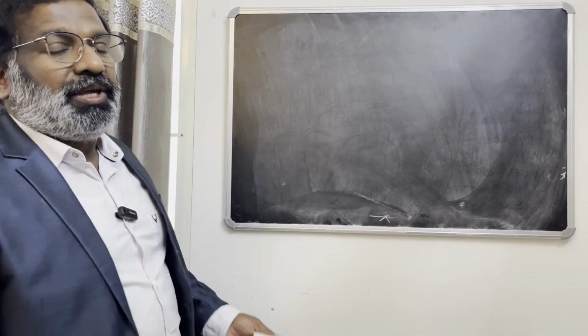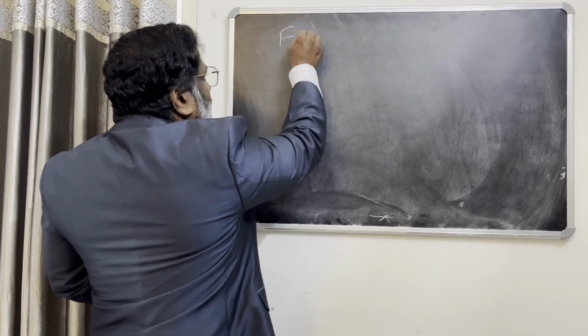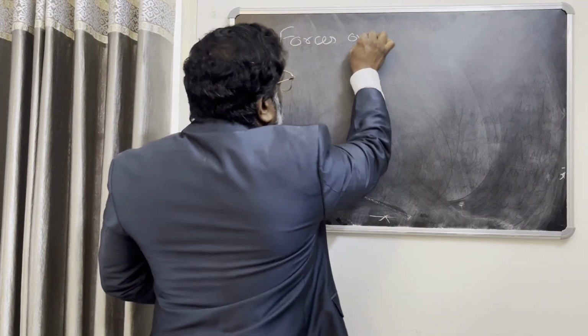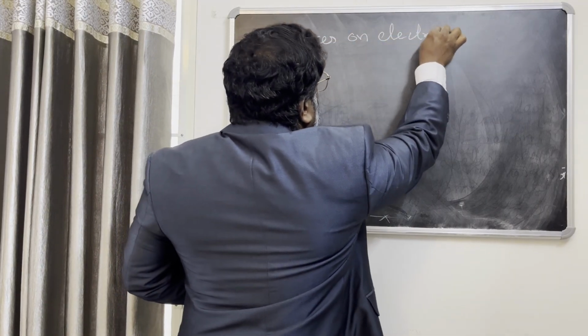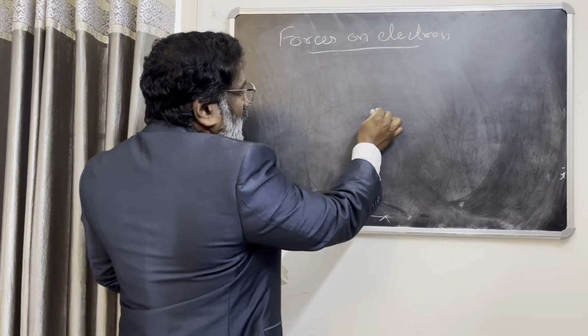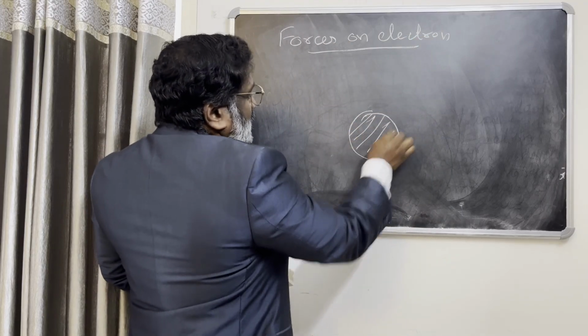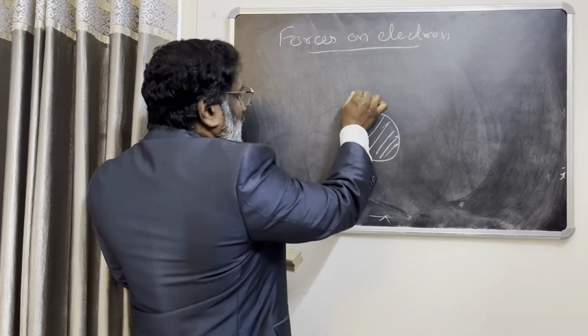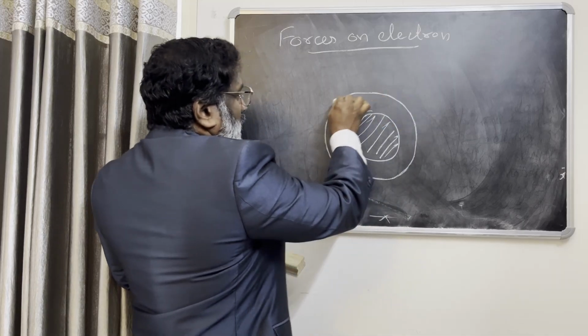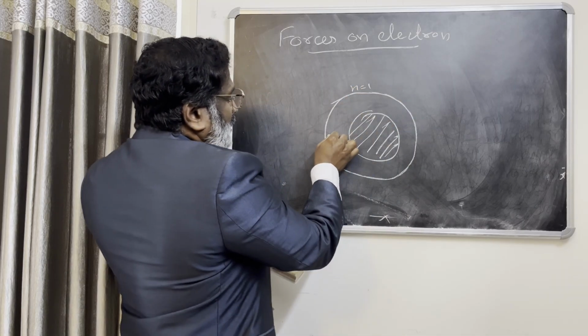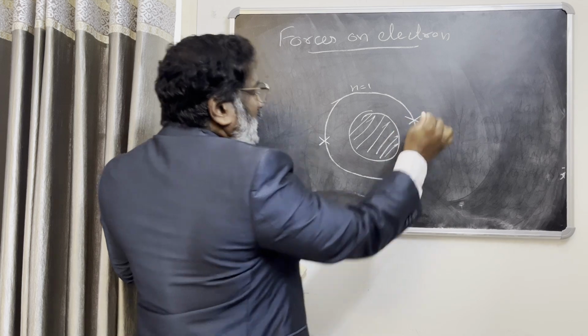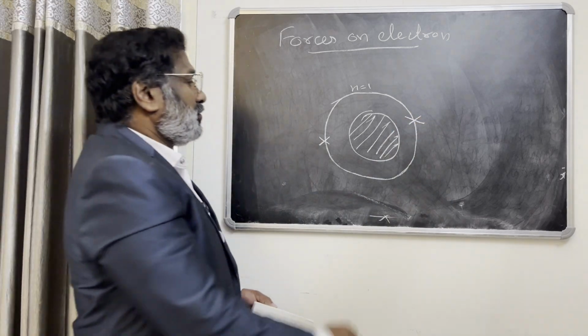Next, we will move on to the forces acting on an electron. Say this is the nucleus. Say this is the first orbit. Assume there are 2 electrons.